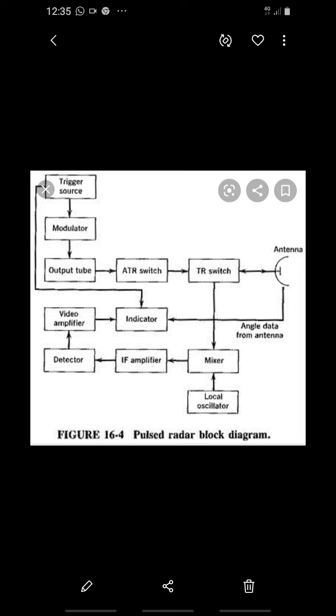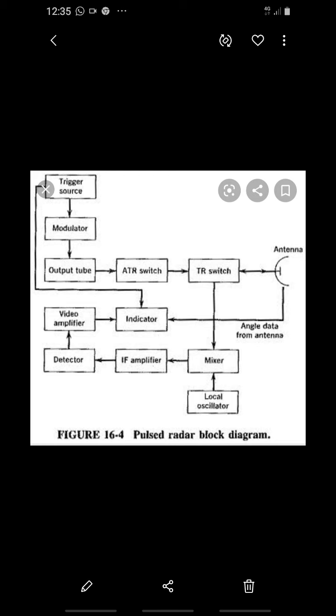It contains the different parts: trigger source, modulator, output tube, ATR switch and TR switch, video amplifier, indicator, antenna, detector, IF amplifier, mixer, local oscillator.